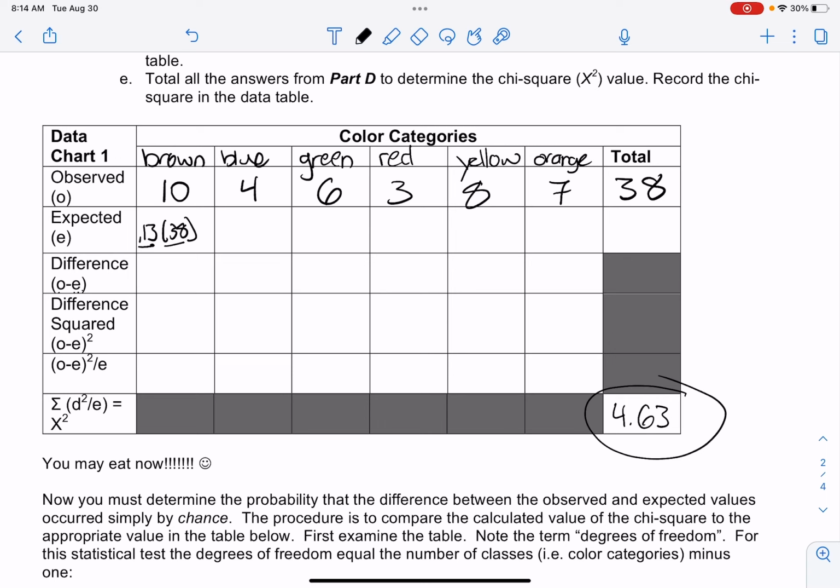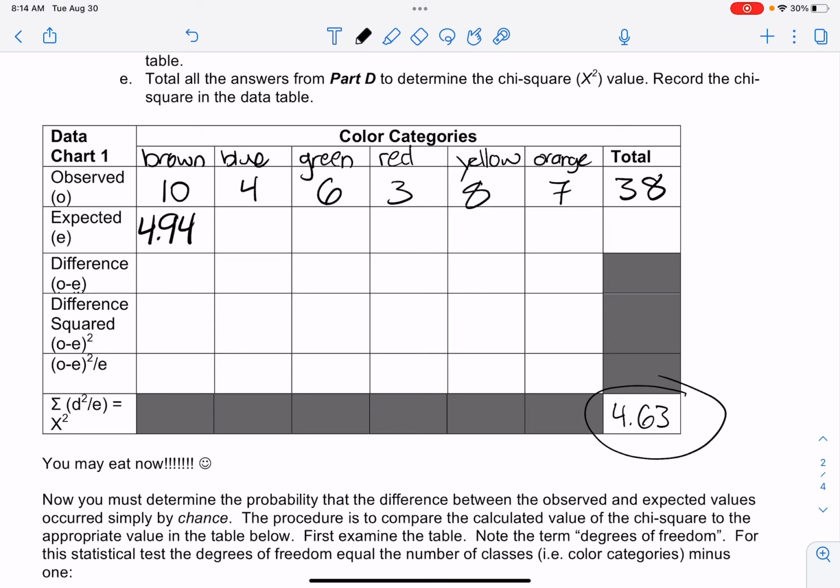And I'm going to go through one of these calculations here. So I get 4.94. So you can see that that's a difference. You might be like, oh, 10 to 4.94, that's a big difference. Is it significantly different? That's what our statistic is going to find out.